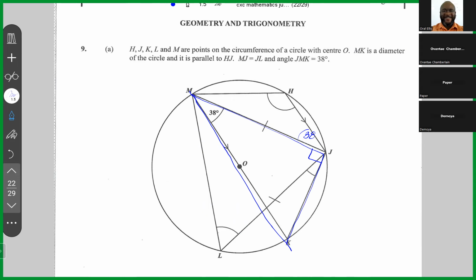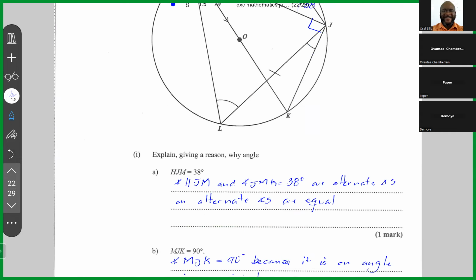How do you identify it? You start at one end of the diameter, go up to the circumference, come down at the other end of the diameter, and the angle that is formed at the circumference is equal to 90 degrees. All right, what next?